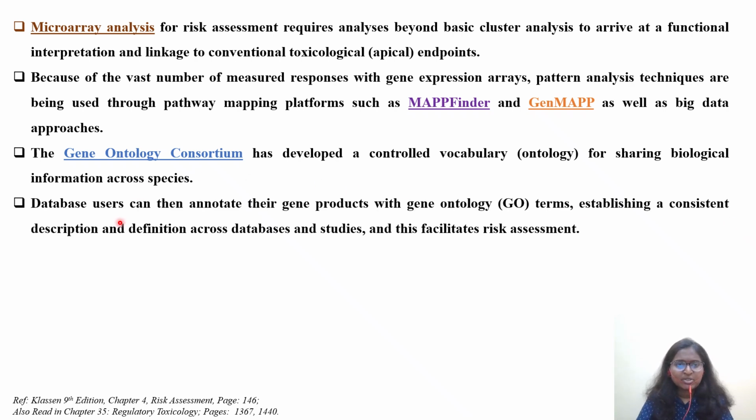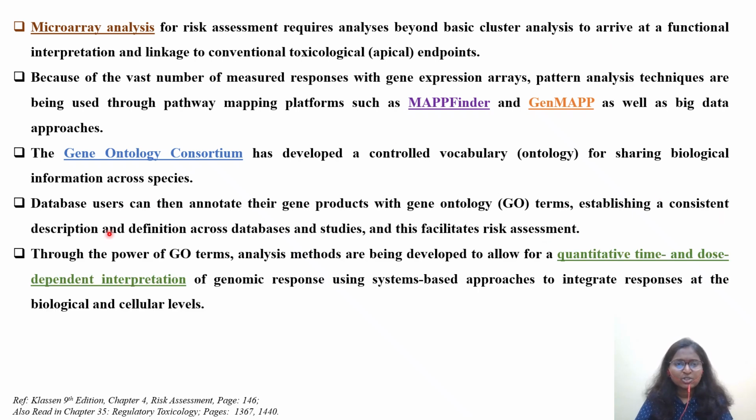Database users can then annotate their gene products with gene ontology terms, which are given in this one vocabulary ontology, establishing a consistent description and definition across databases and studies, and this facilitates the risk assessment. We are now able to understand how it is applied to the risk assessment.